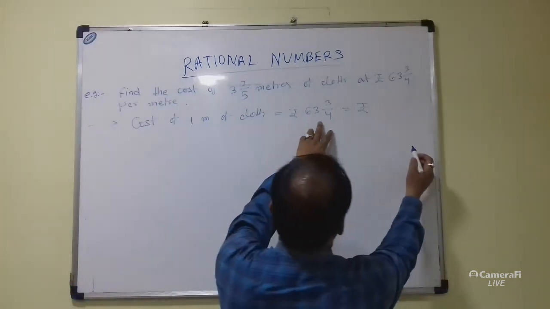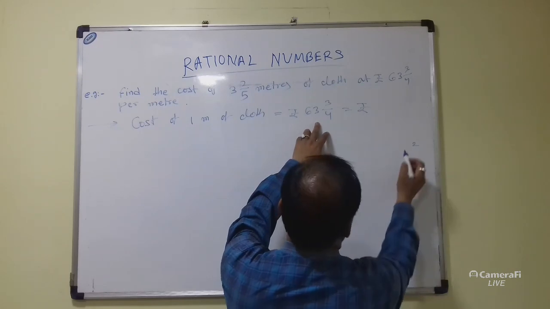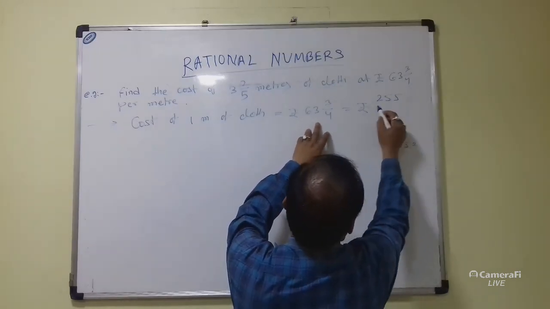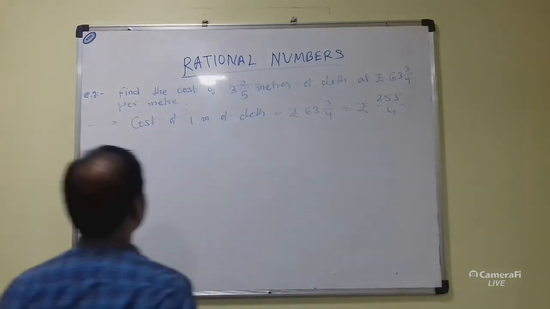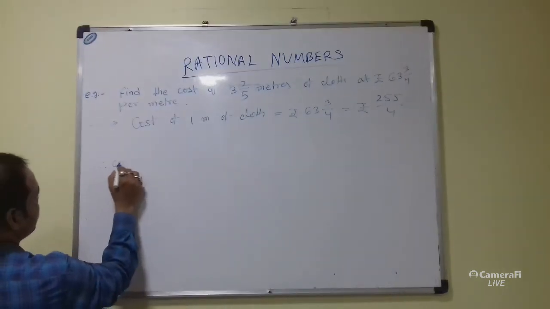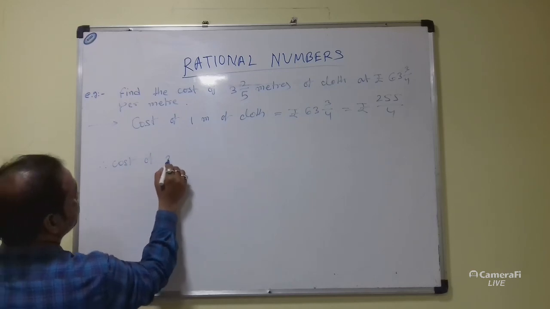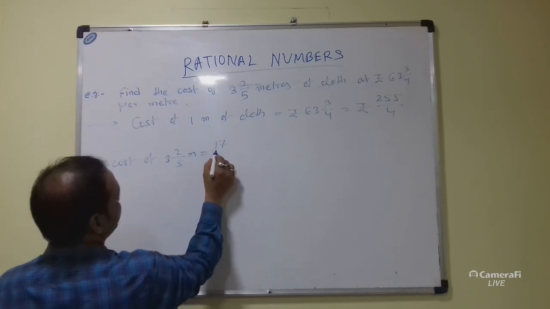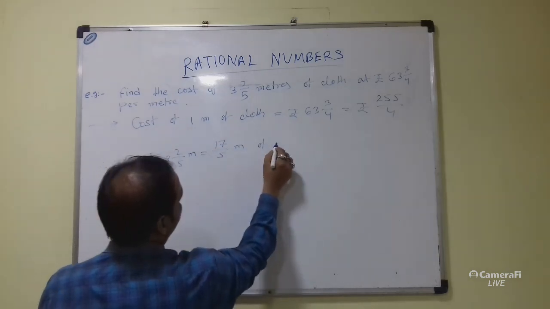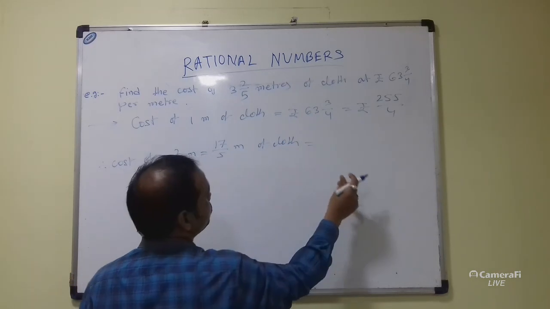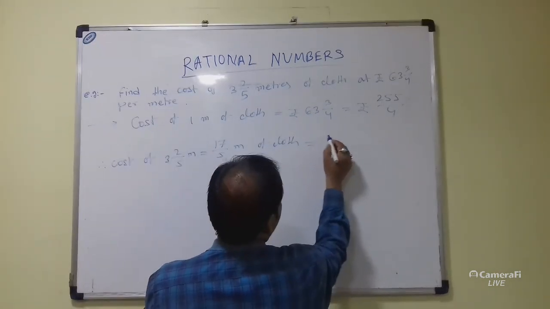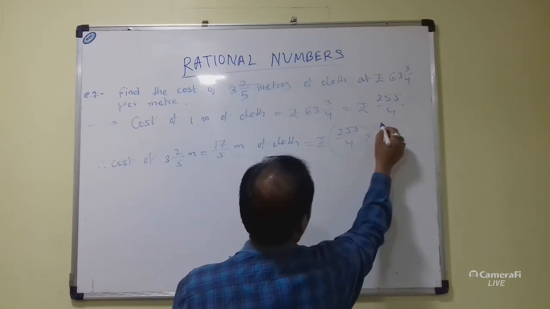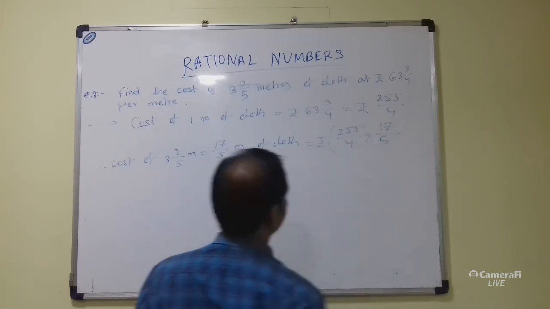So it will be 255 by 4. So therefore cost of 3 whole 2 by 5 meters, that means 17 by 5 meters of cloth, is equal to, we have to multiply this with this. So rupees 255 by 4 multiply 17 by 5.